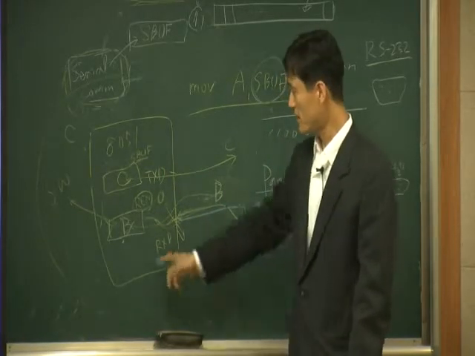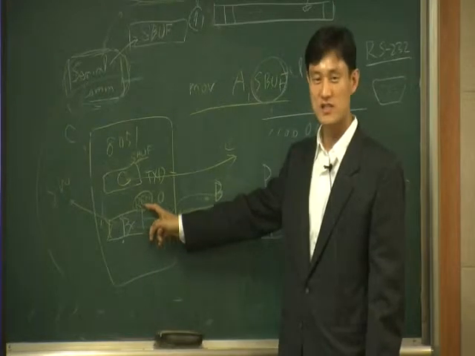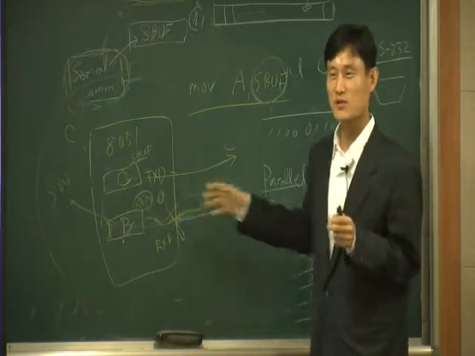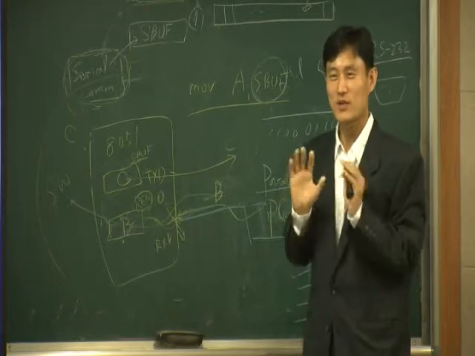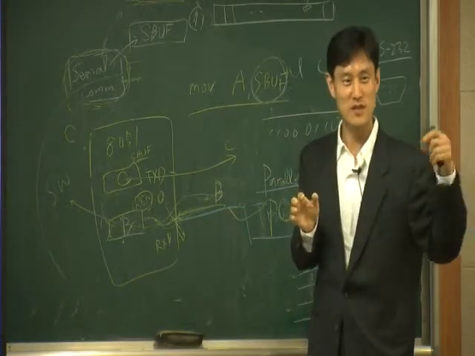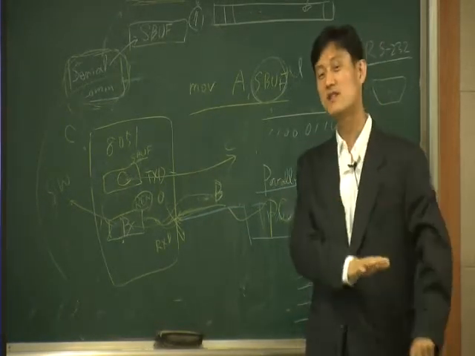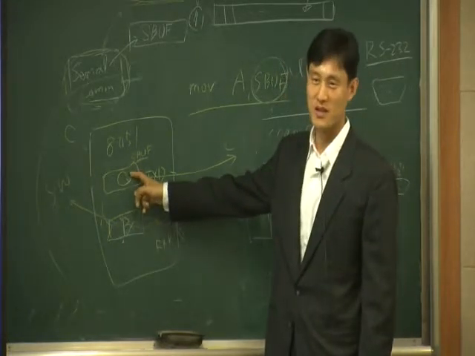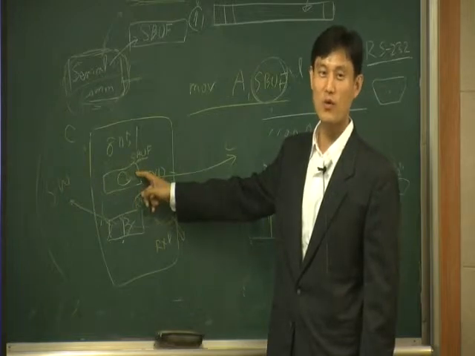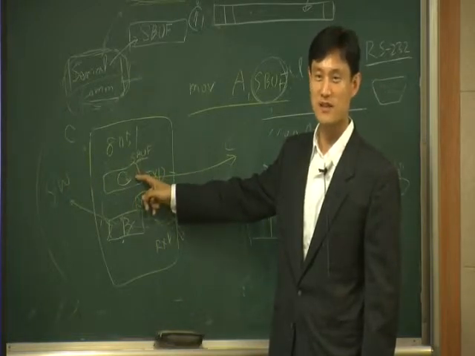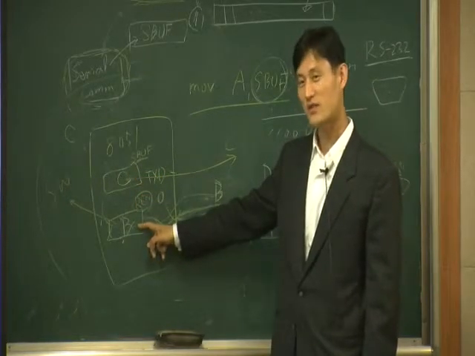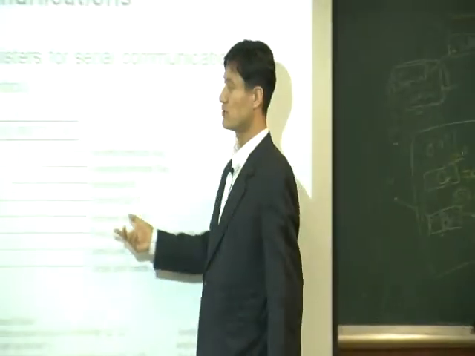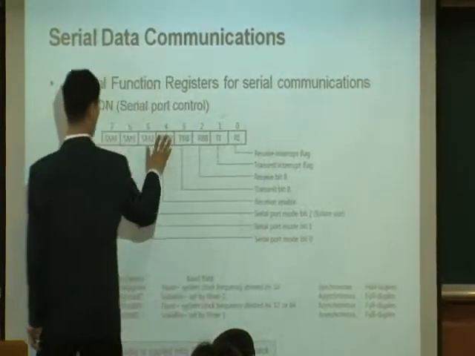But for the receiver, you need a switch because sometimes you don't want to receive, but someone is transmitting to you. In that case, I want to disable it. You are transmitting only when you want to transmit, and you can control that. But you cannot control receiving because someone else is transmitting to you. That's why you need the enable bit for the receiver.